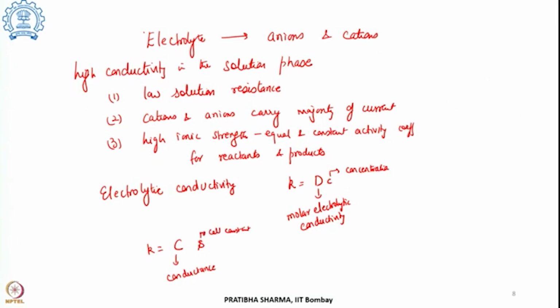Usually for typical cases, this electrolytic conductivity lies in the range of 5 to 25 Siemens per meter, when the typical concentration is of the order of say 1 mole per decimeter cube. So, this is usually the electrolytic conductivity being observed.